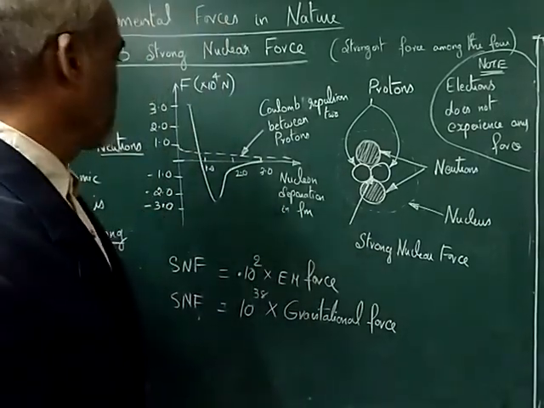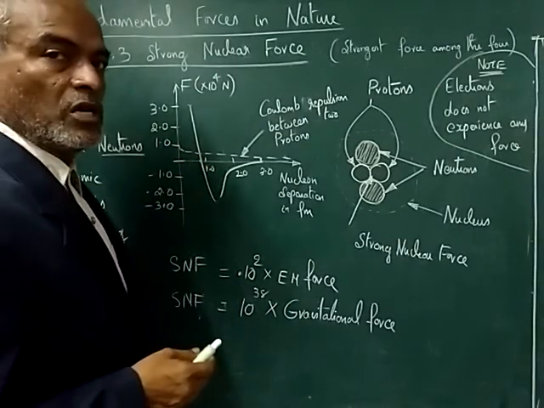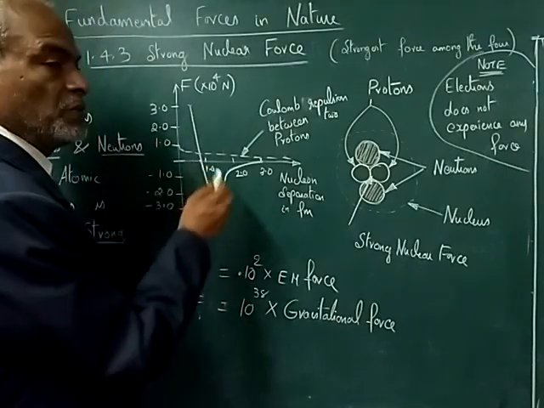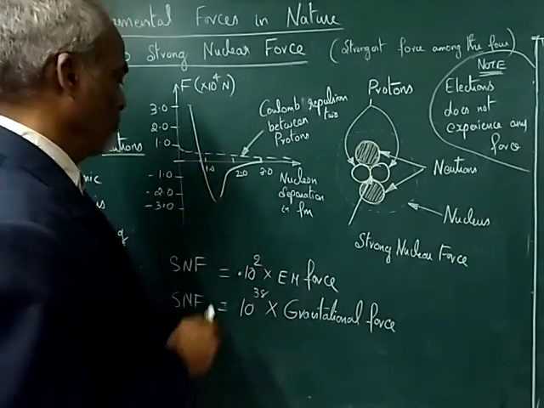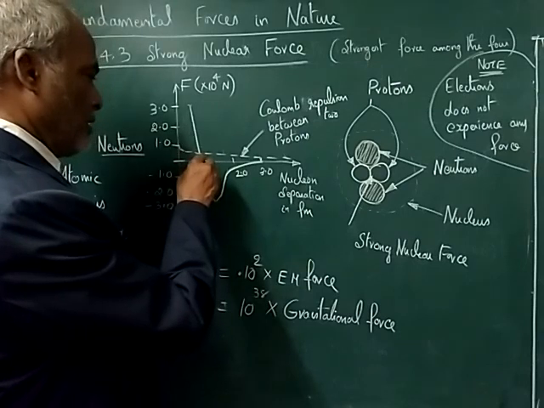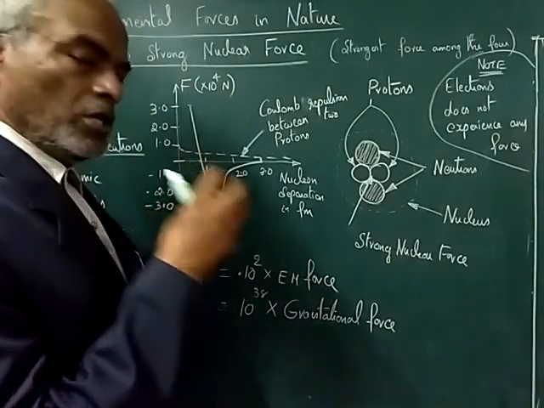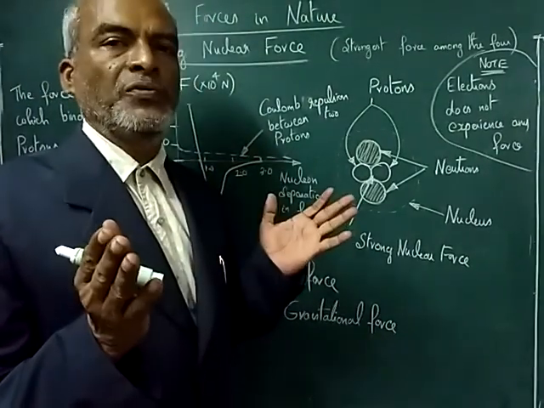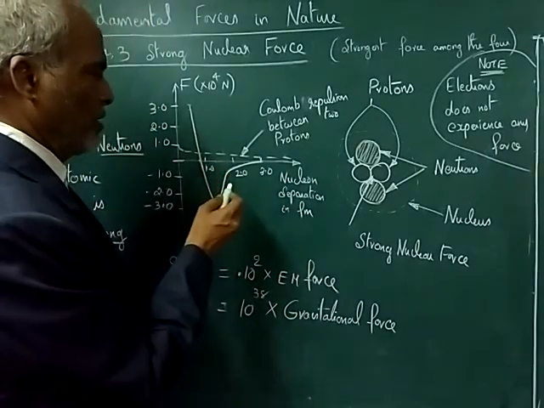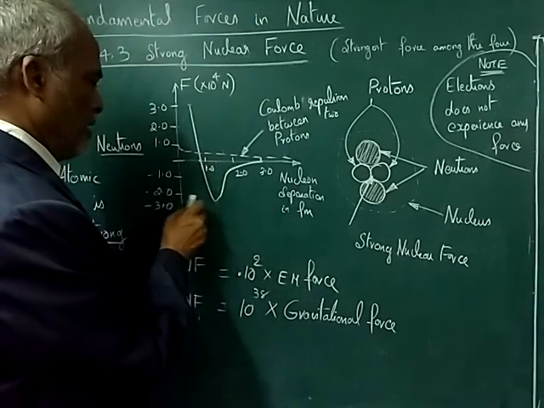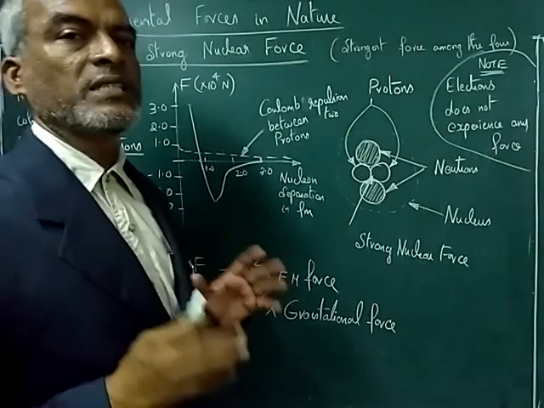There is one point where the curve crosses and there is absolutely no force at all, and this value varies, meaning we don't have an exact value for it. Once the distance exceeds 1 femtometer, the nucleons experience a repulsive force. For example, at around 1.25 femtometer, it has roughly 2, and the minus sign indicates repulsion.